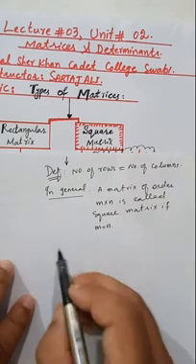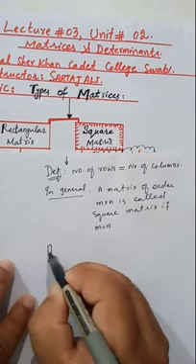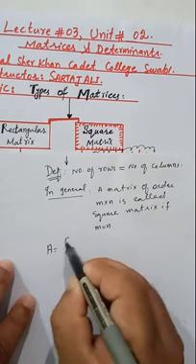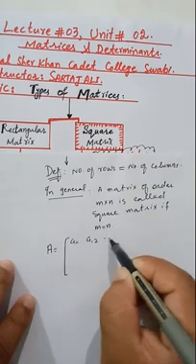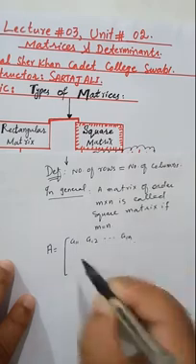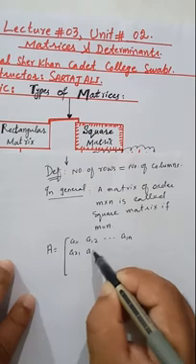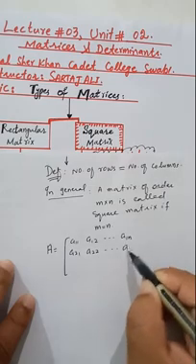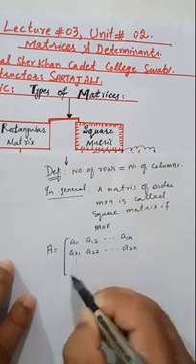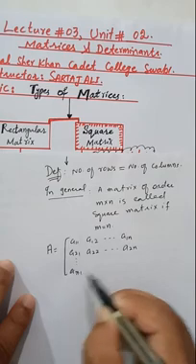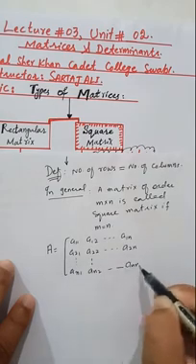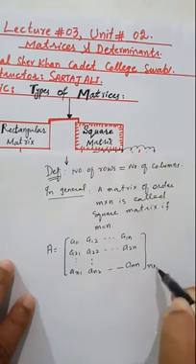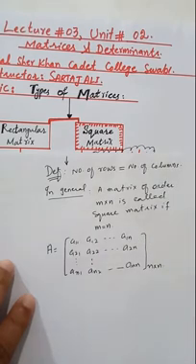In general we write a square matrix, let's say A: a11, a12 and so on up to a1n, then a21, a22 and so on up to a2n, and an1, an2 and so on up to ann. You see that there are n rows and n columns.